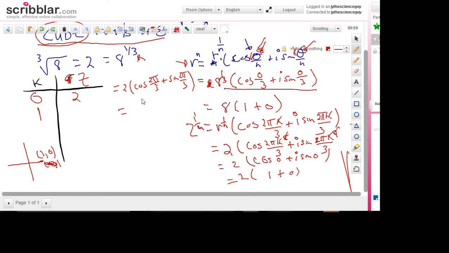Again, this is from our unit circle. So I have 2 times the cosine of 2 pi over 3, which is negative 1/2, plus the sine of 2 pi over 3, which is square root of 3 over 2. Do you know where I got those values from? Yeah.